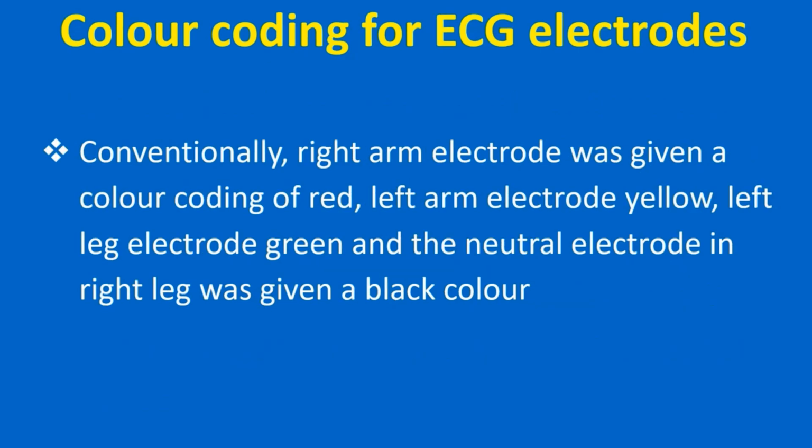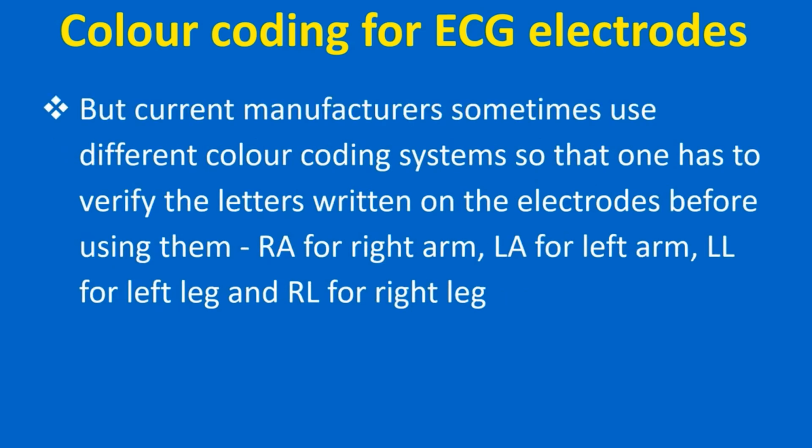Conventionally, right arm electrode was given a color coding of red, left arm electrode yellow, left leg electrode green, and the neutral electrode in right leg was given a black color. But current manufacturers sometimes use different color coding systems, so one has to verify the letters written on the electrodes before using them: RA for right arm, LA for left arm, LL for left leg, and RL for right leg.